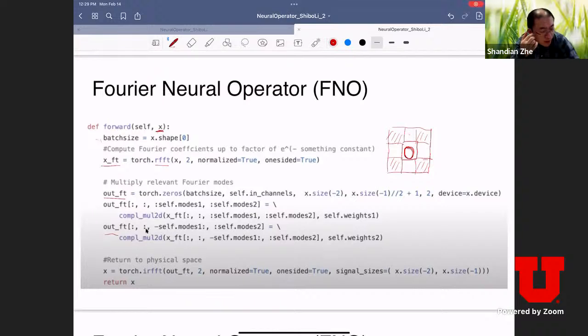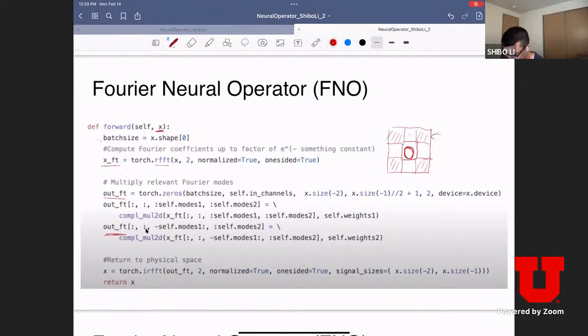They intentionally mask out high frequency parts. Then after masking those components in the Fourier domain, you do the inverse Fourier transform, and then you return X.